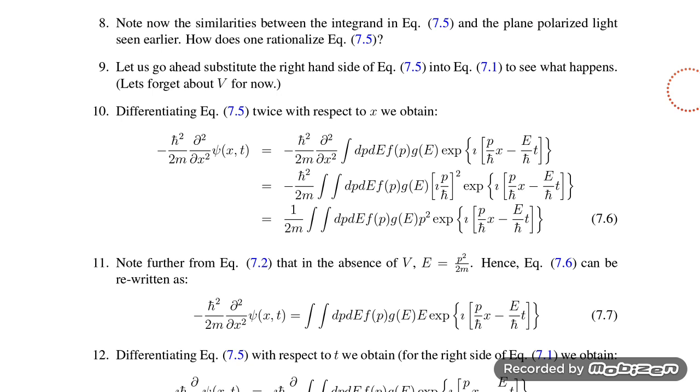By putting in the value, we have the integral dp d f p of g exponential iota p x by h cross minus E t upon h cross. By solving, we get 1 by 2m double integral dp d f p of g p square exponential iota p x by h cross minus E t upon h cross.